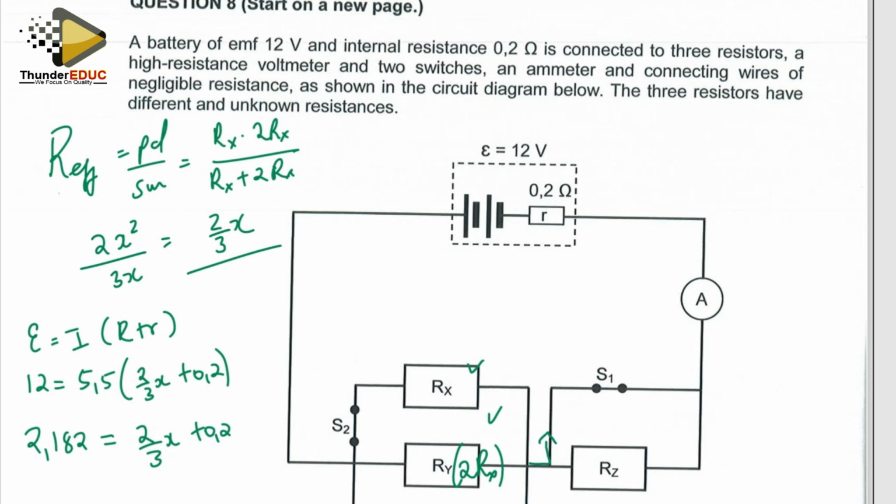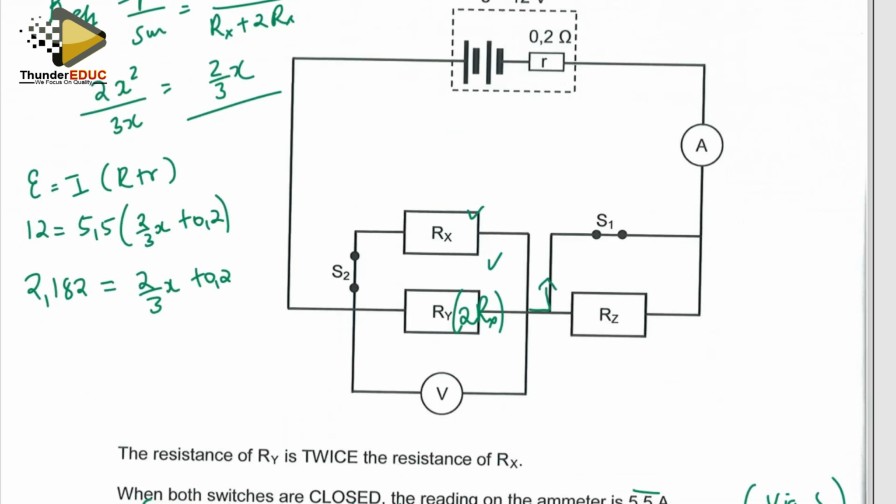I'll move the 0,2 to that side by subtraction, so the parallel combination gives me 1,982, which is equal to 2 over 3x. Then I'll divide both sides by 2 over 3, and the answer that I'm getting for x is 2,67 ohms.